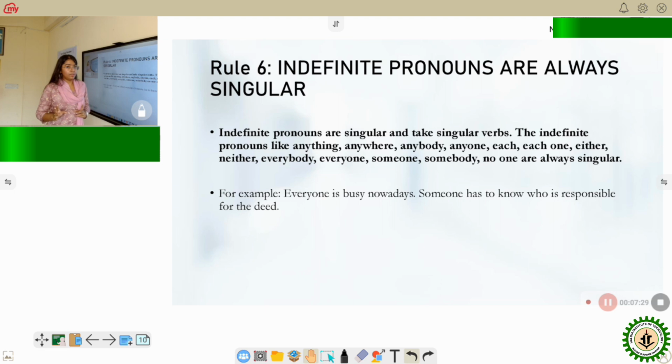This is also one of the common errors in English, because when you see someone, somebody, everybody, we tend to assume that they are plural subjects, but this is not the case. Every indefinite pronoun is always singular. Everybody is busy nowadays. Someone has to know who is responsible. So in every case, the verb will always be singular.